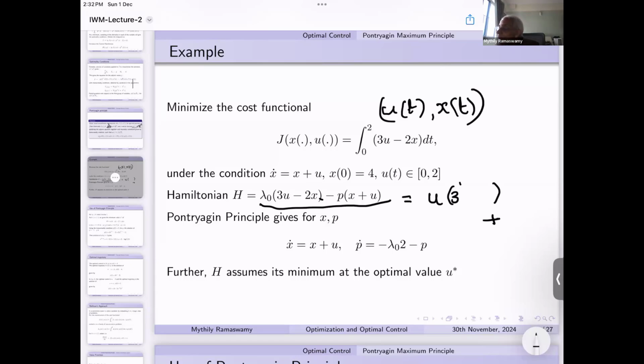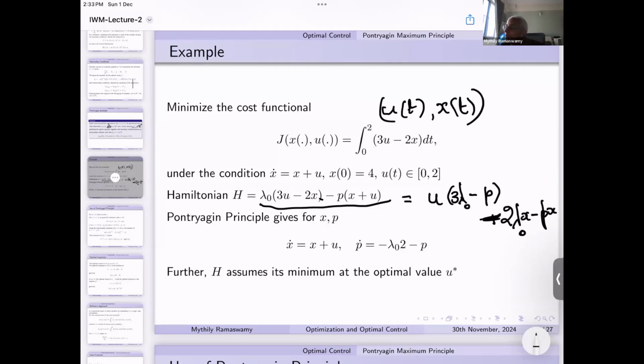I'm going to set lambda naught finally as 1. And what is remaining, I have to plug them together, which is, I think, minus 2 lambda naught x minus p x.